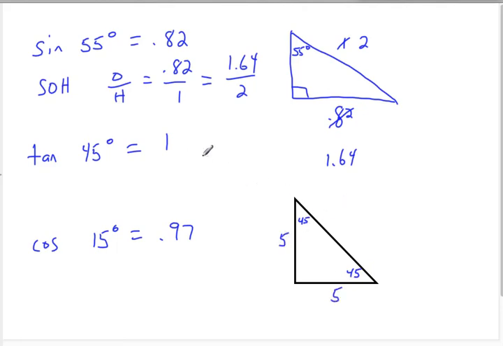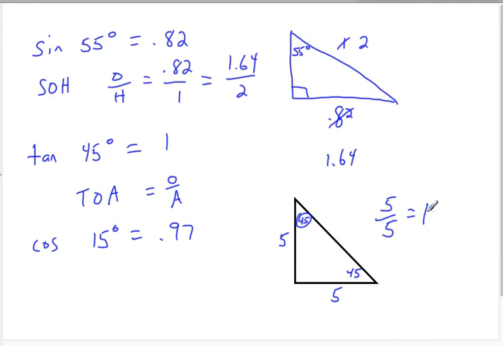And so the tangent of a 45 degree angle, which is TOA, so the opposite over adjacent, so let's say we're looking at this angle here, the opposite 5 over the adjacent 5 is always going to equal 1. So the tangent of a 45 degree angle is always going to be 1.